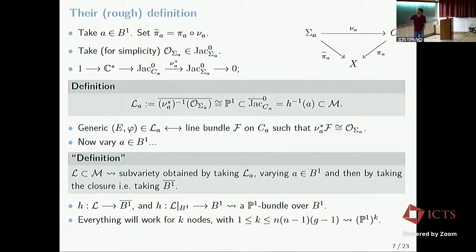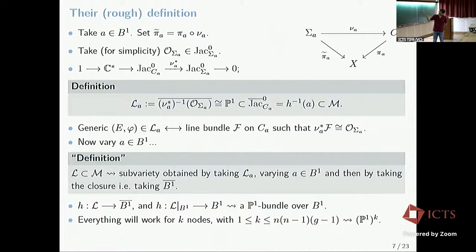Okay, so everything here is for one node, but actually this works for any number of nodes. Actually, the number of nodes is bounded. This is because the degree of ramification of the spectral curves into the base curve is bounded. And for higher nodes, what you get instead of P1s is P1 to the K, okay?